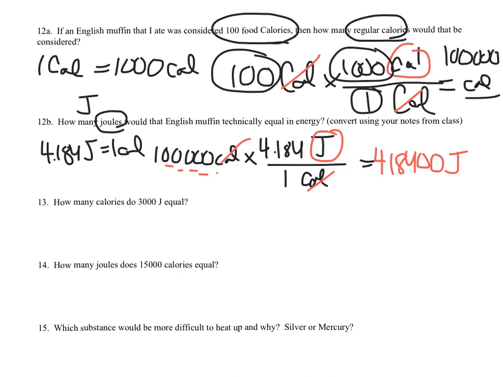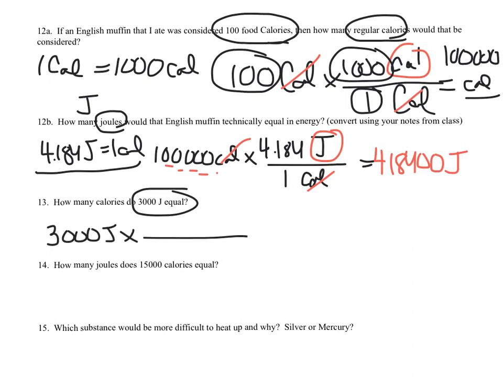So how many calories do 3,000 joules equal? Notice it said calories and not food calories, so we're just talking about regular calories here, and we already know that there's 4.184 joules for every calorie. So I'm going to take 3,000 joules. I'm going to get rid of my joules by putting joules on the bottom, and up on top, I'm going to put calories. For every 1 calorie, there is 4.184 joules.